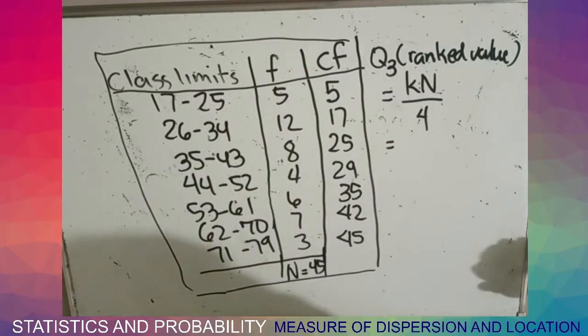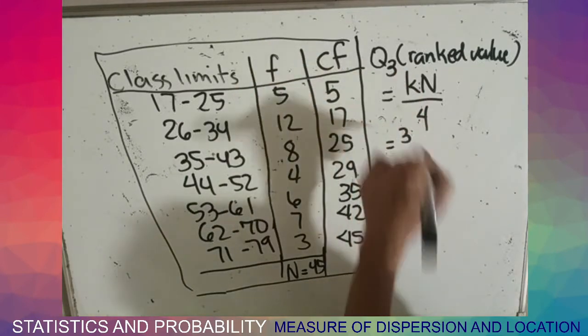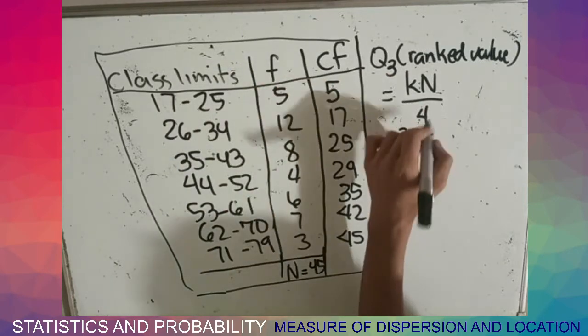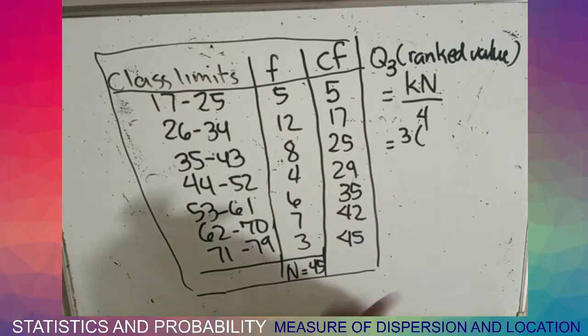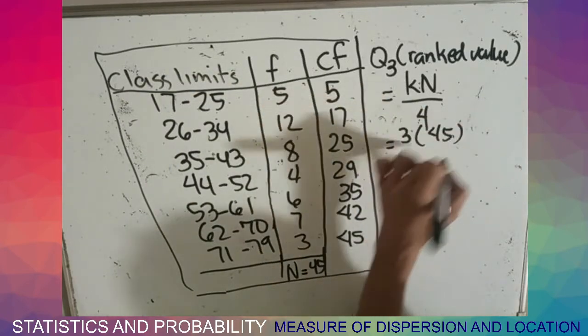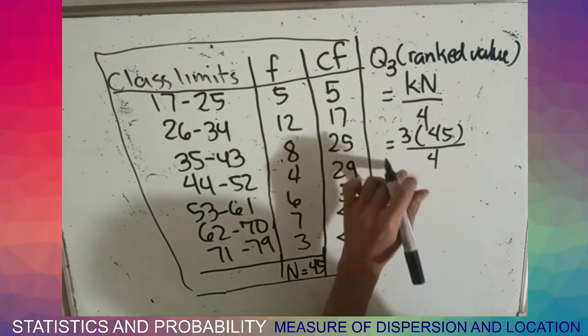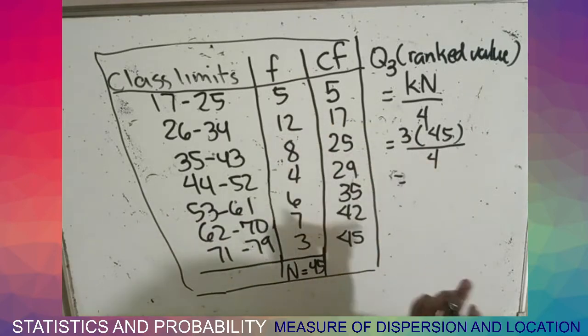Anong value ng K? Yung value ng K natin will be 3. Then, the value of N yung total ng ating frequency, total number of frequency, or si N, is 45. Divided by 4. Okay? So, 45 times 3.